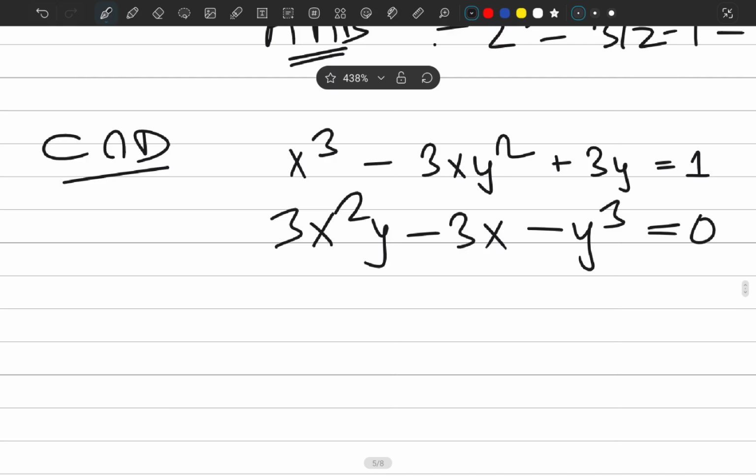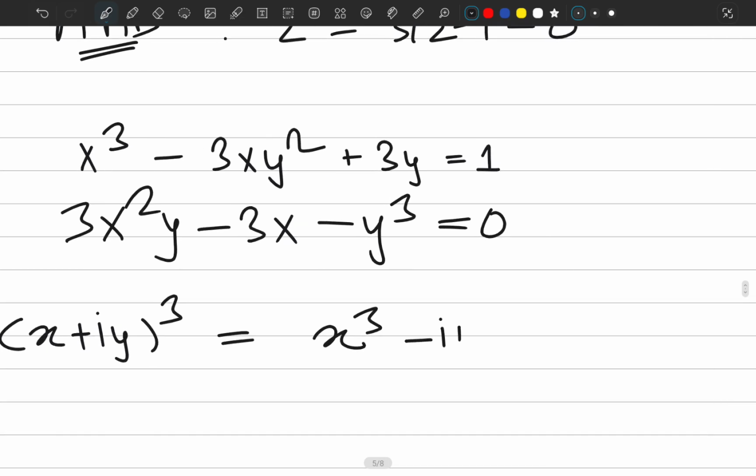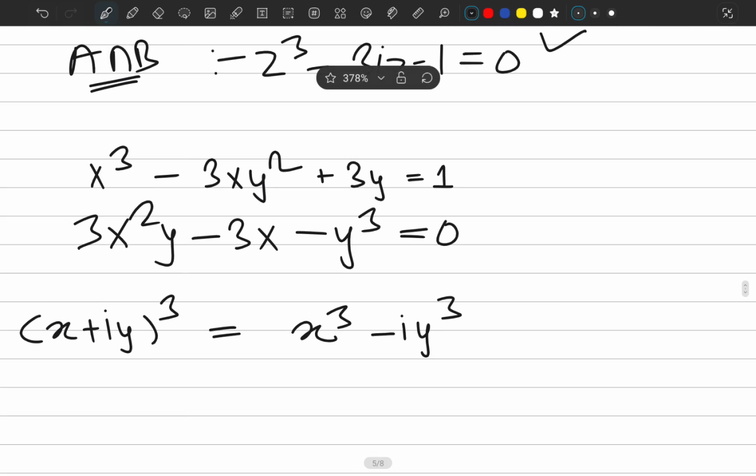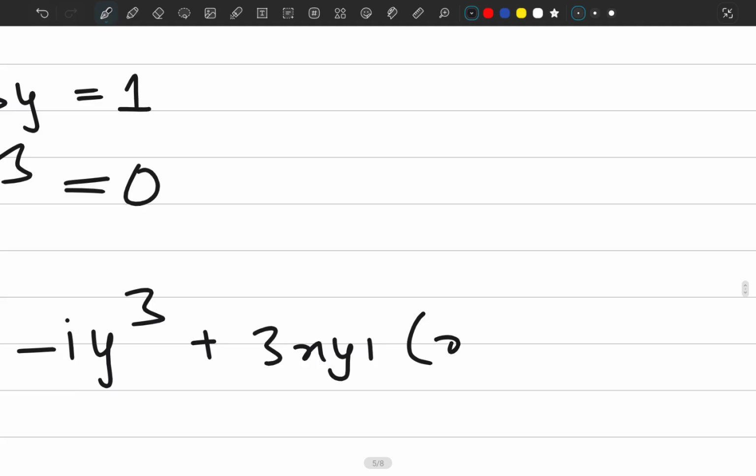Now cube terms are involved, so we can surely check this. This will give x cube minus y cube plus 3xy iota, x plus iota y.